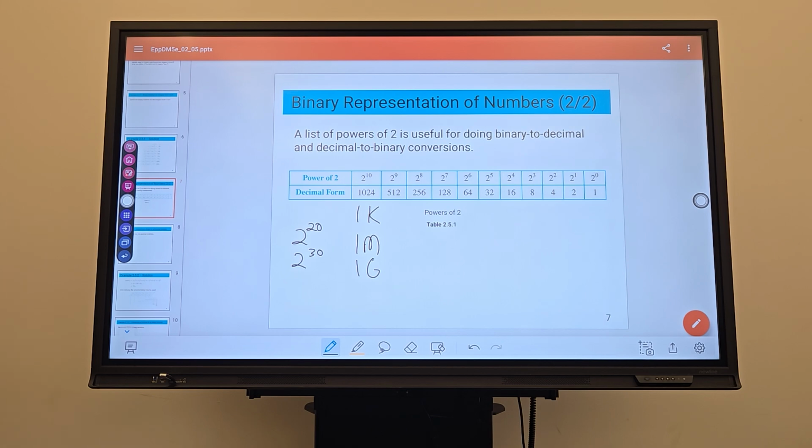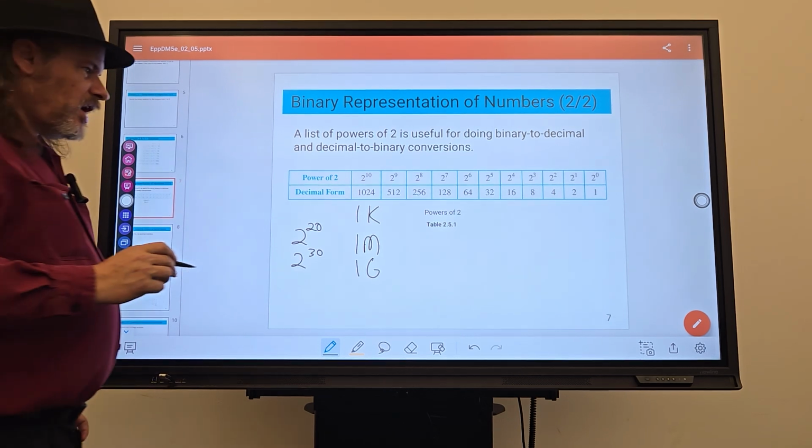So if you have a 32-bit computer with 32-bit addressing, you can address about 4 billion locations and count up to 4 billion.